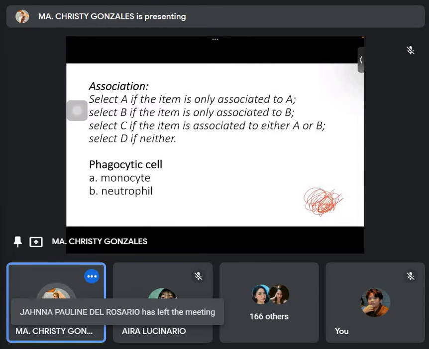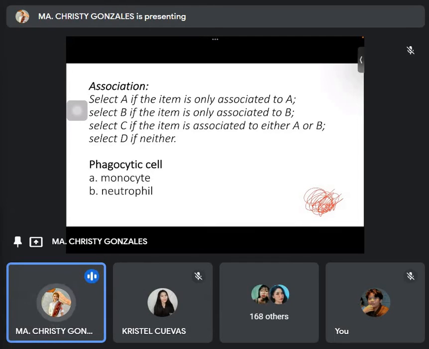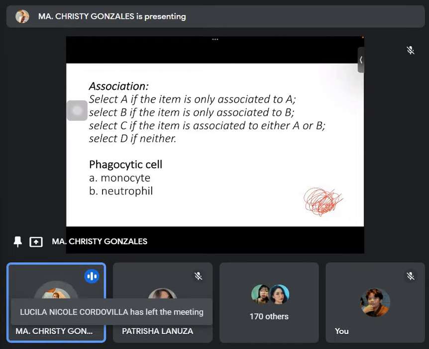Kapag ang monocyte nasa peripheral blood, they also help the neutrophil in engulfing foreign bodies. When it already transfers to tissues, we call them macrophage. So, same po ang function nila. Ang mga eosinophil at saka basophil, they may also serve as phagocytes. Yung mga granulocytes natin.